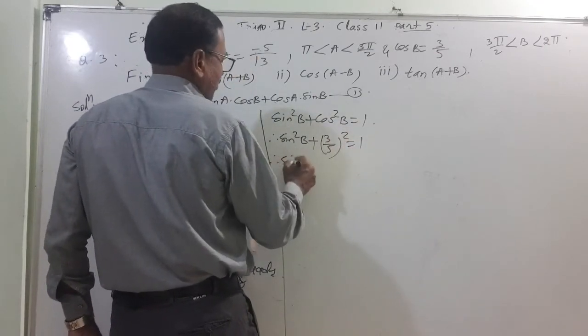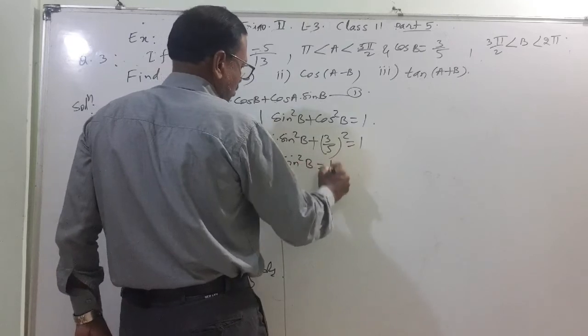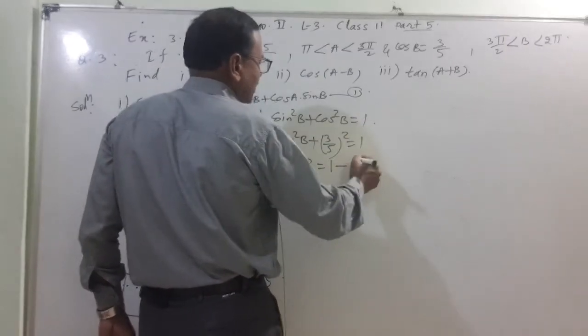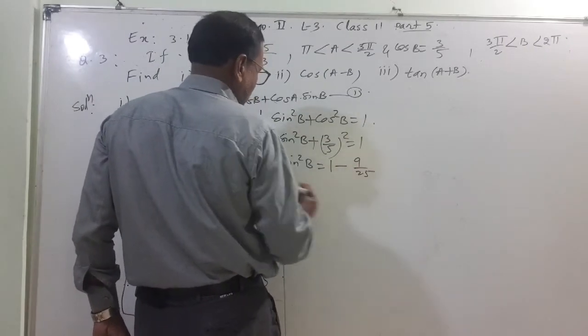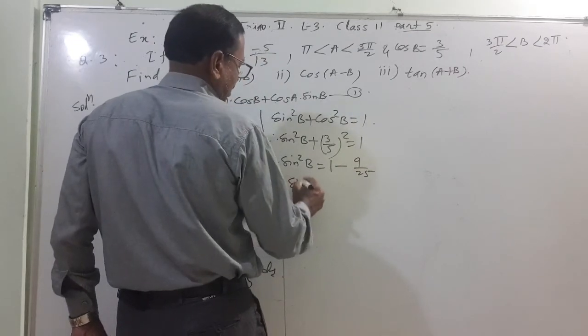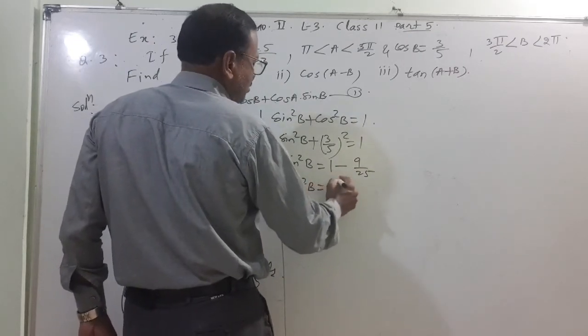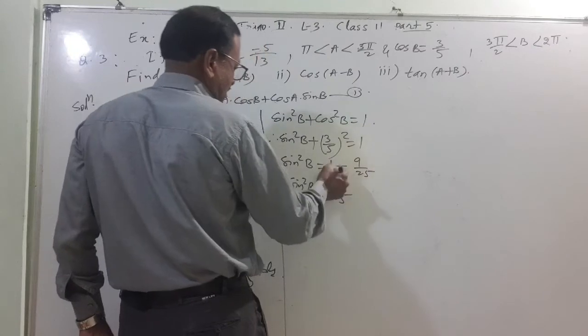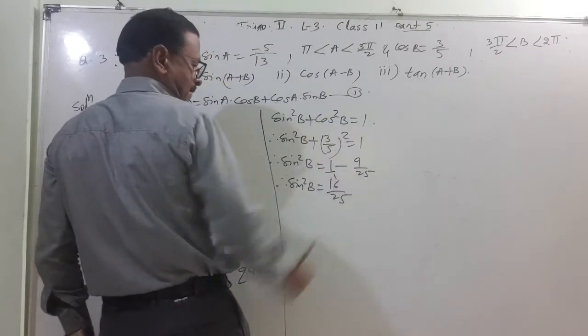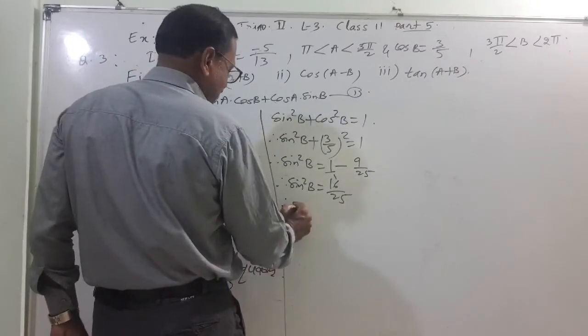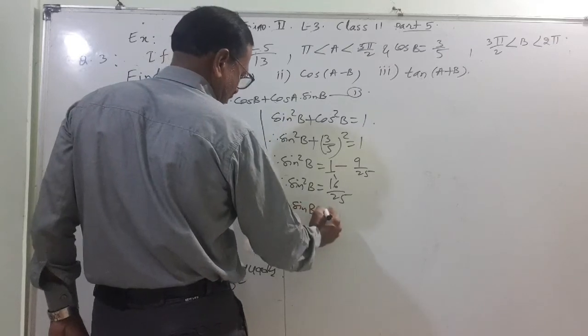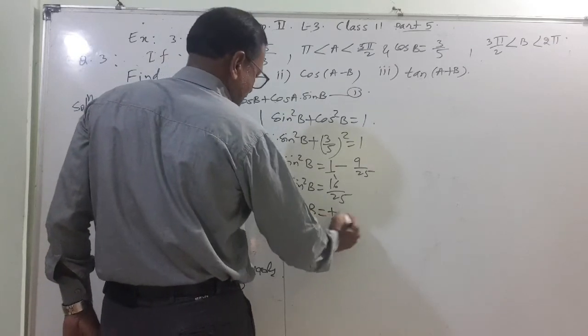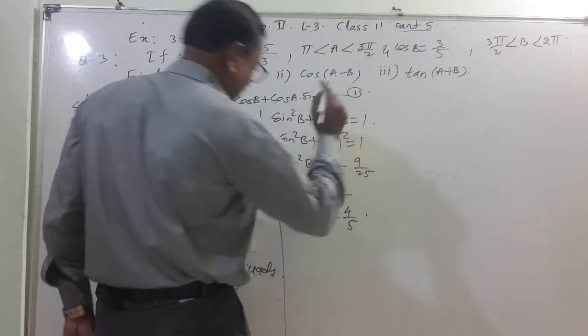Therefore, sin square B is equal to 1 minus 9 upon 25. Therefore, sin square B is equal to 16 upon 25. Okay. Therefore, sin B is equal to plus or minus 4 upon 5.